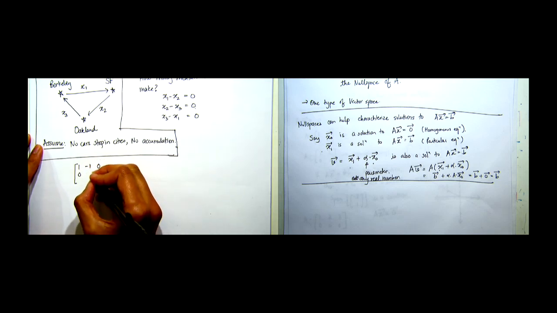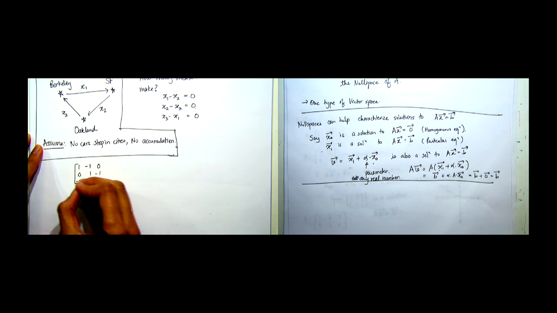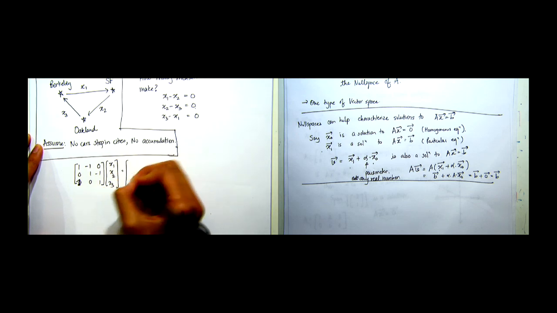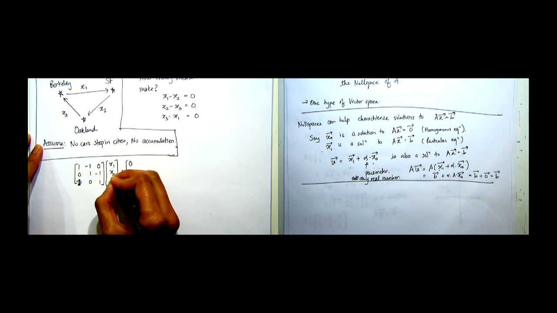I can say [1, -1, 0; 0, 1, -1; -1, 0, 1] times [x1, x2, x3] is equal to [0, 0, 0].